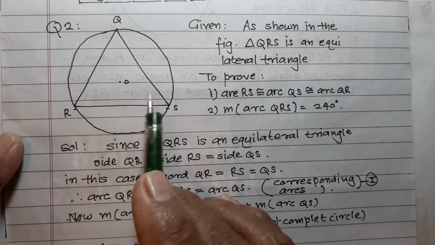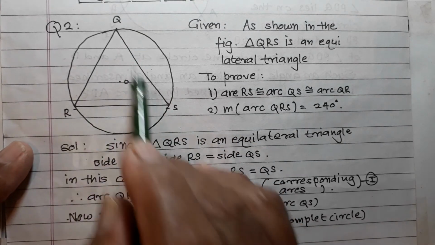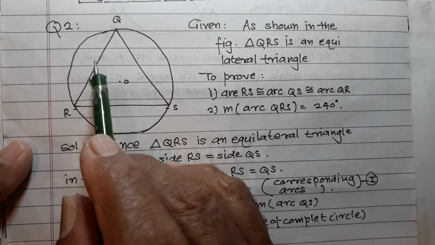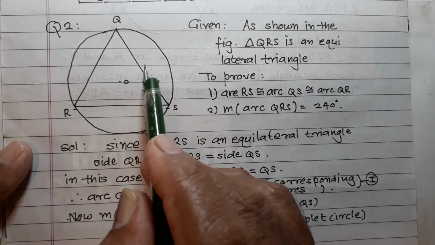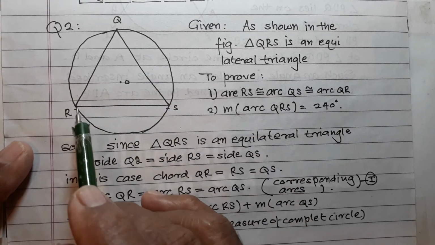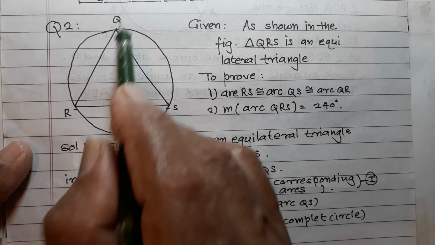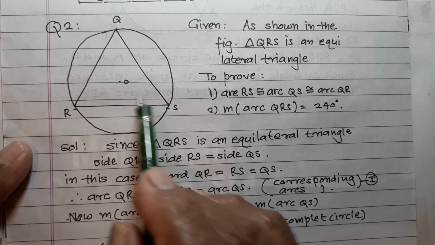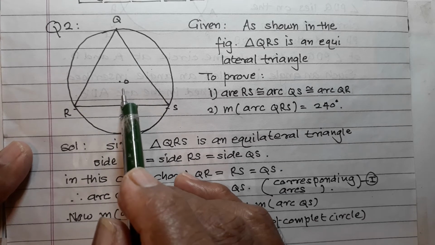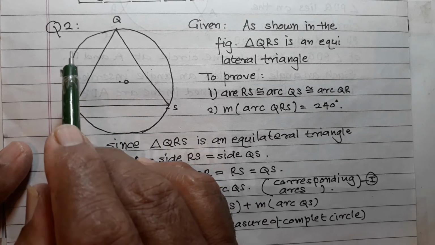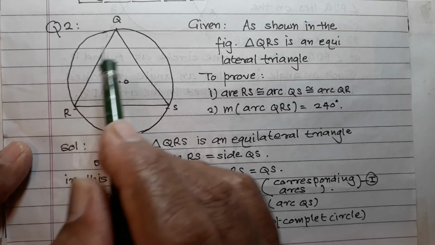Now first I will explain. Now you know this is an equilateral triangle, given, and therefore all sides are equal. QR is equal to RS is equal to QS. Now these are chords of the circle and they are equal, and therefore the corresponding arcs are also equal.